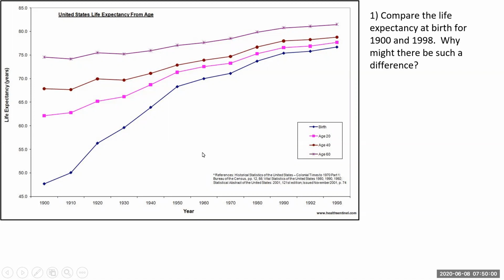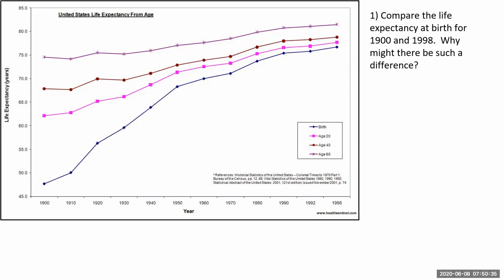Now we want to compare life expectancy at birth for 1900 and 1998. Look at 1900, and where is 1998? It is right there. So you go to the graph, and let's see why there might be such a difference.